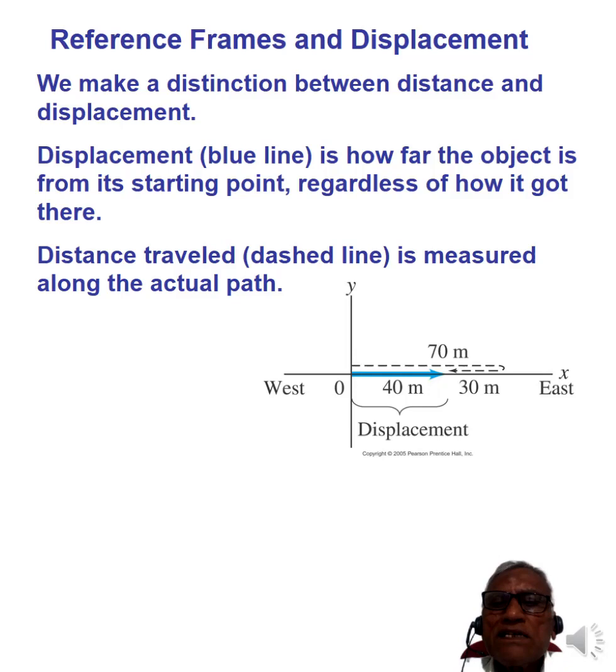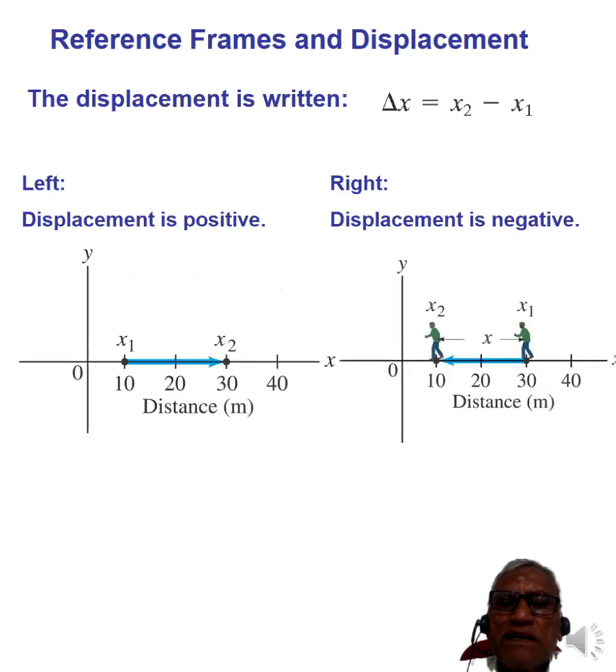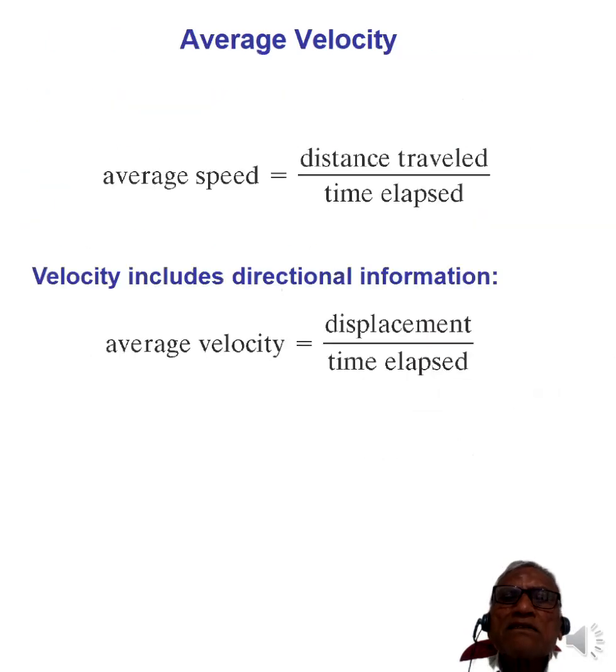So velocity is 40 by 4, that is plus 10 meters per second, whereas the speed is 25 meters per second. This, I think, makes clear the difference between displacement, distance, velocity, and speed. Speed and distance are scalars, and displacement and velocity are vectors.